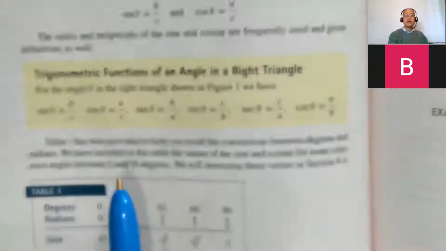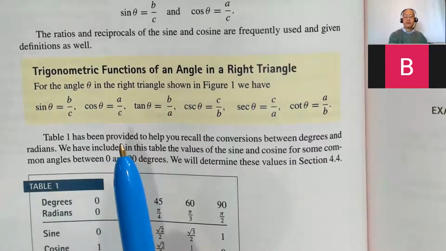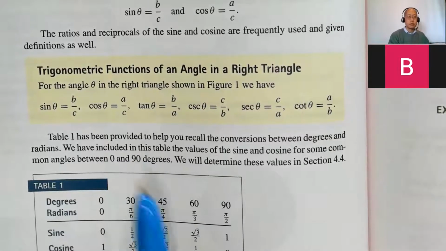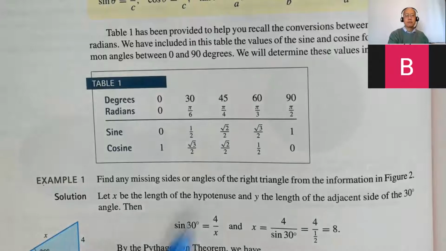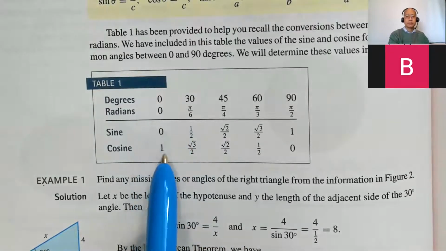On page 202, we have the definitions of the trig functions here. They're all correct, but I'll give you my version, which may be similar to what you've heard before, maybe when you took trig in your previous classes. Here's a nice little table in degrees and radians of key values.